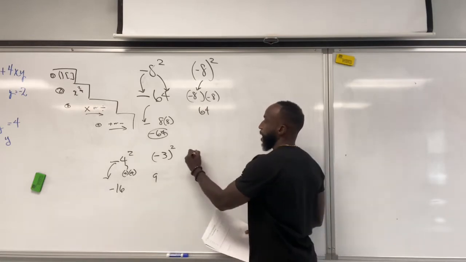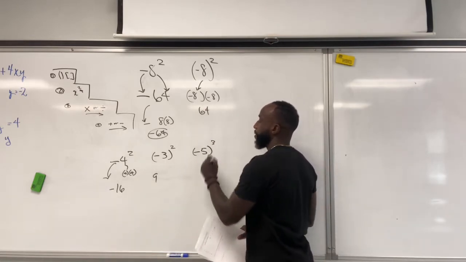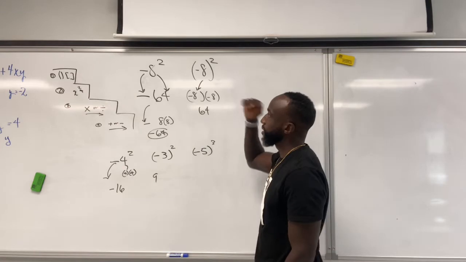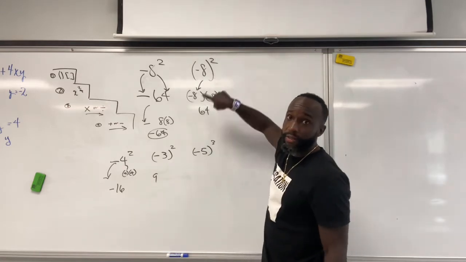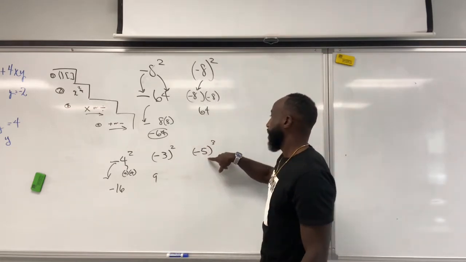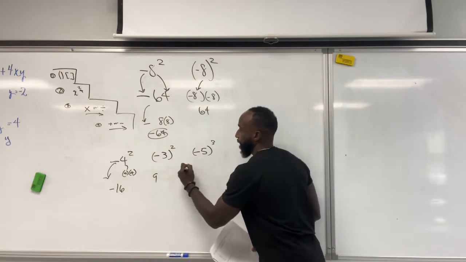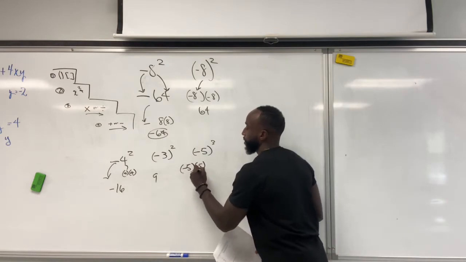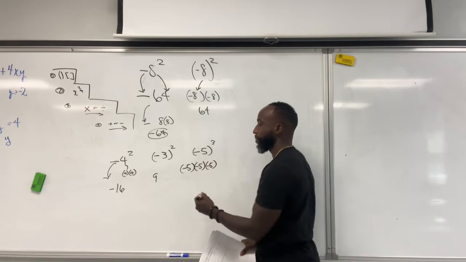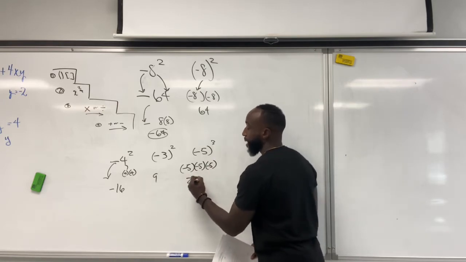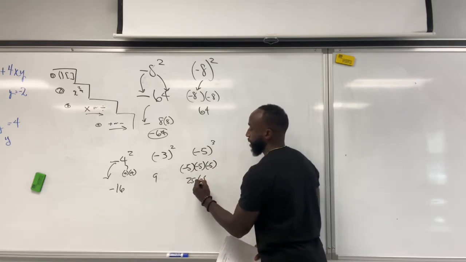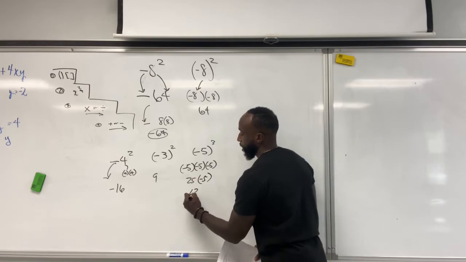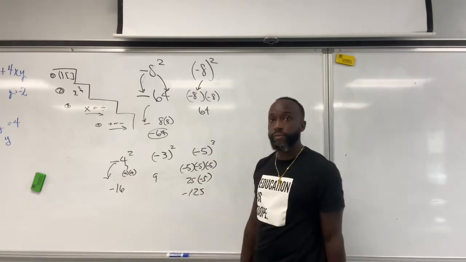Number 3, you got -5 to the third power. I love this one because this takes it a step further. So -5 to the third power is actually -5 times -5 times -5. So you do the math: -5 times -5 is +25, times another -5 gives you your -125, okay?